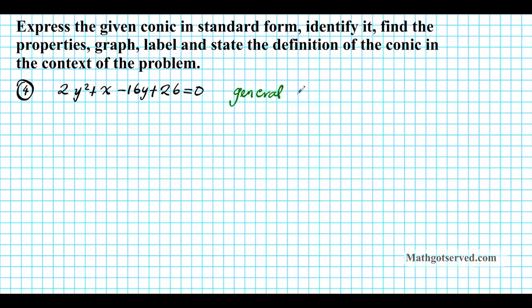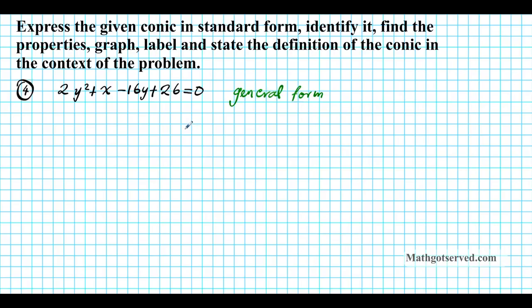Now that we have identified what kind of conic it is and the form, we're going to go ahead and convert it into standard form, because in the standard form it's easier to find the properties to generate the graph. So in order to get this in standard form, what we're going to do is collect the variables first. Now you have to note the difference here between the approach we use for parabolas and the other conics.